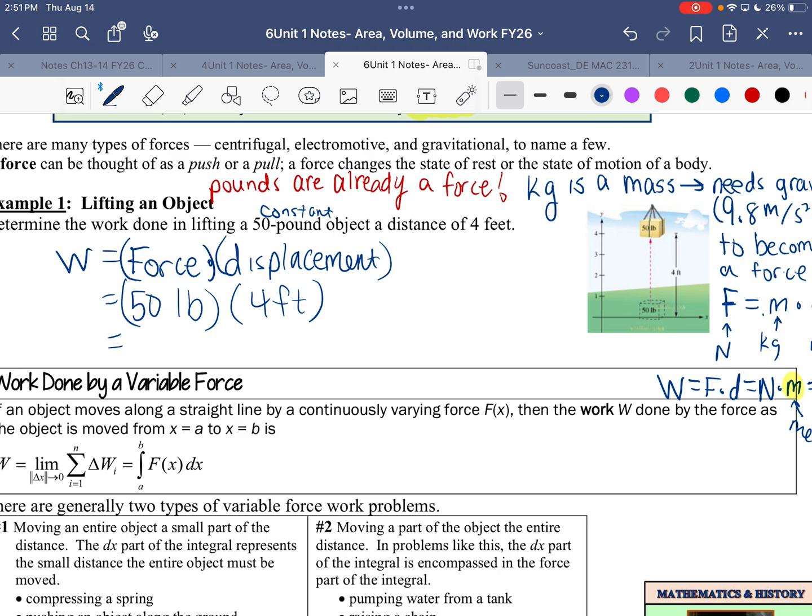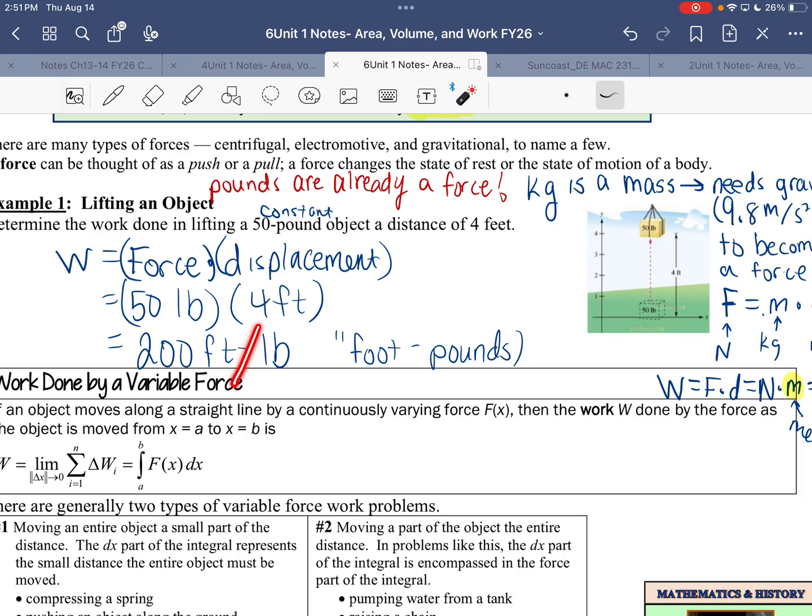What's 50 times 4? 200. These units are foot-pounds. Please notice, it is not foot per pound, it is foot dash pound. A lot of people today have been putting the division sign. It's not a per situation, it's feet times pounds, so it's a foot-pound.